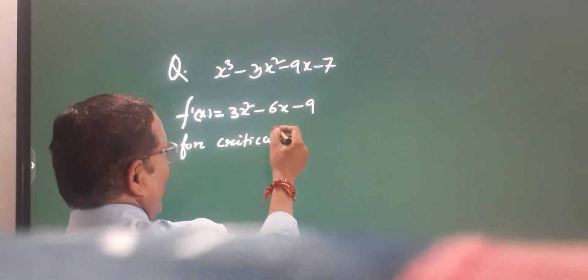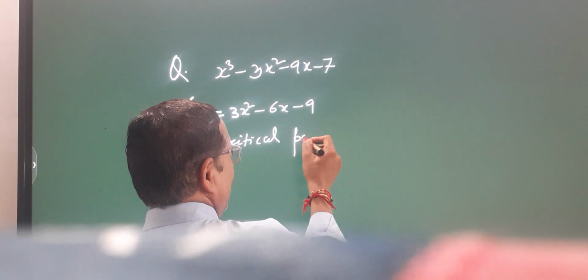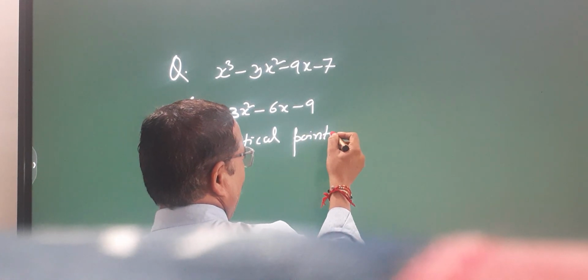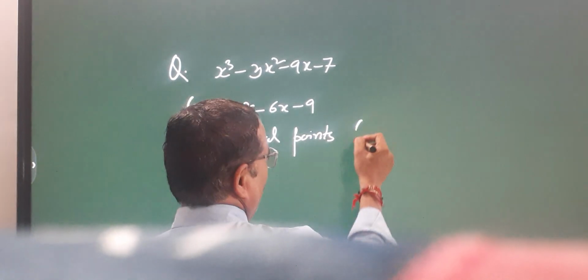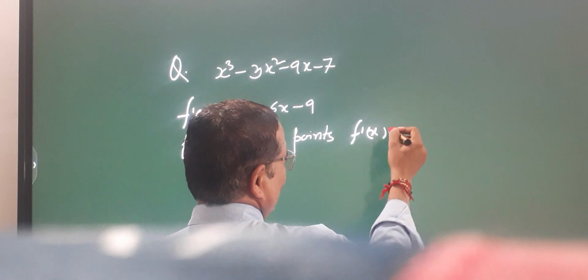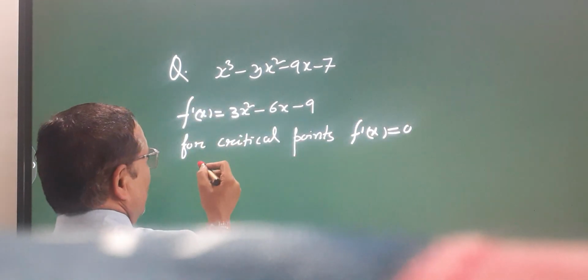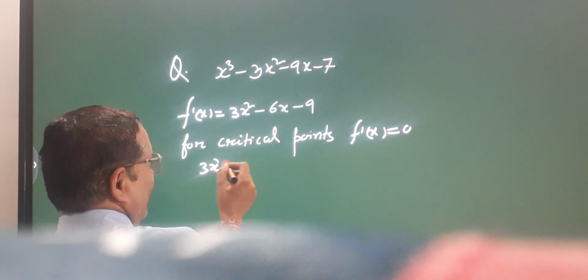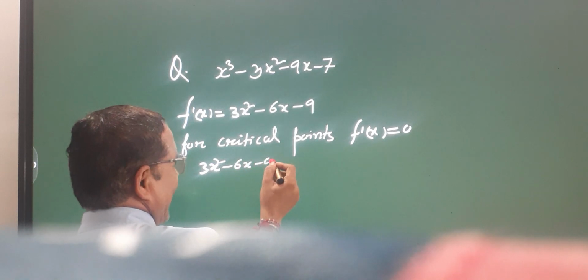These are the common steps that you follow in all the problems. For the critical point, f'(x) is equal to 0, so 3x square minus 6x minus 9 equal to 0.